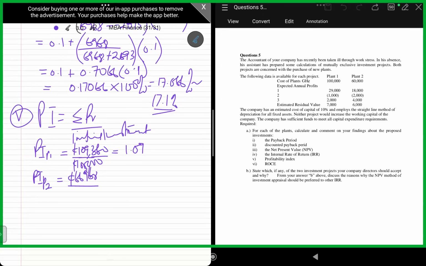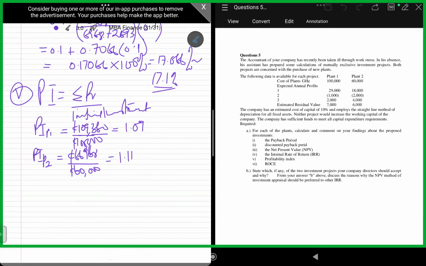And the other one was over 60,000. That'll give us 1.11. So you choose the higher. That's 1.11. So we are done with the profitability index.